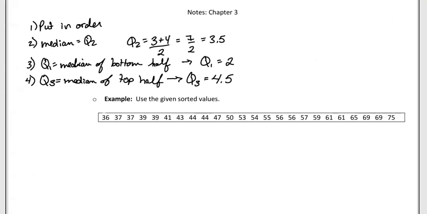So let's look at another example. Suppose we have this example and we want to find quartiles. We're going to start by splitting the data set in half. So we're going to count how many we have.